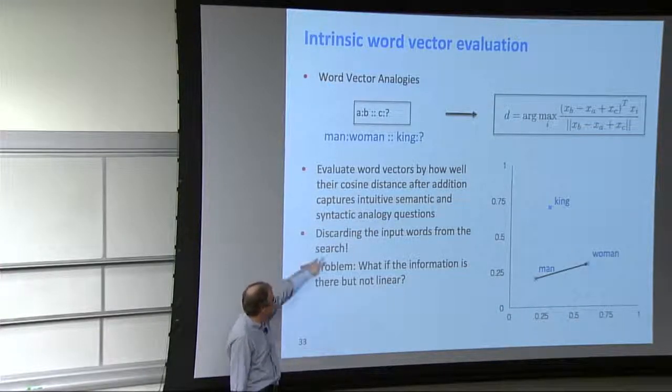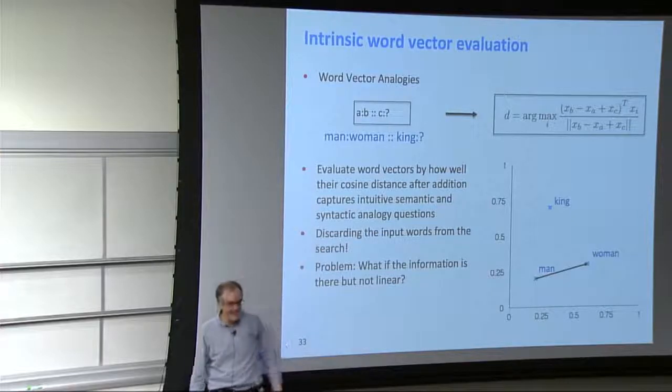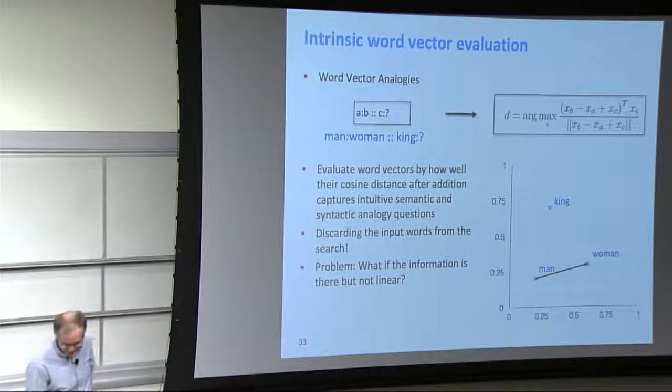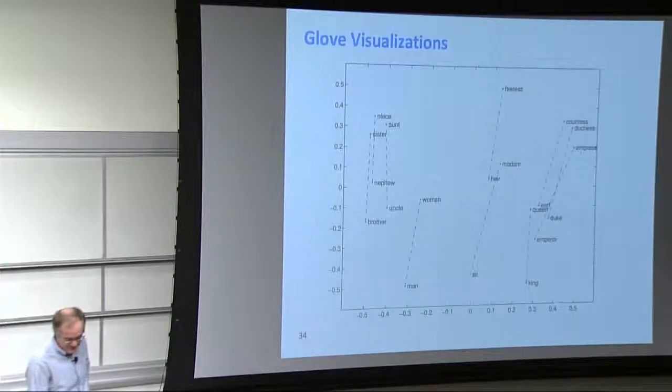And there's also one other trick that people commonly use. They forbid the system from returning one of the three words you put into the analogy.